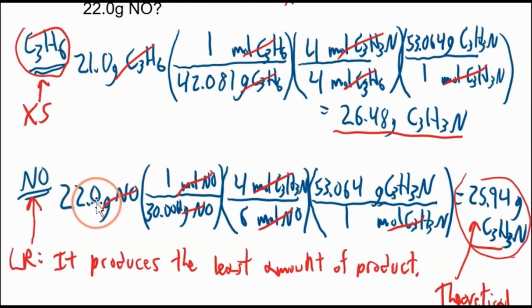These 22.0 grams are going to react fully, in theory, but it's not going to react with all of these 21 grams because this one is in excess. So there's going to be a few grams remaining. We want to know how many grams are going to remain after these two react.